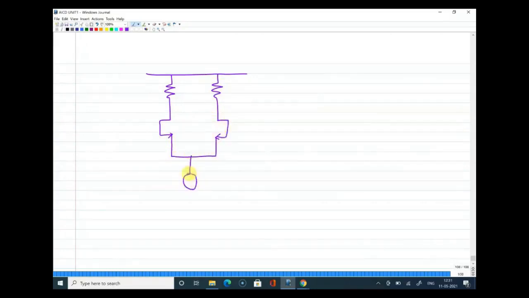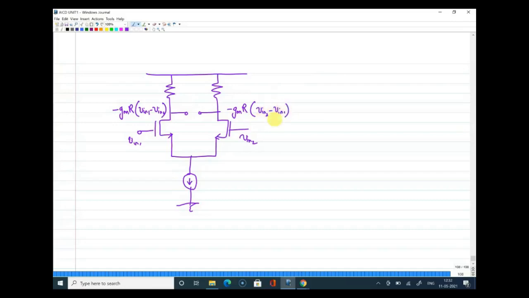Or I can draw the structure like this, by just pushing the current source to the middle of the circuit. This is V in 1 and this is V in 2, and at this point I have minus gm R into V in 1 minus V in 2. At this point I have minus gm R into V in 2 minus V in 1, or this can be further written as gm R into V in 1 minus V in 2.